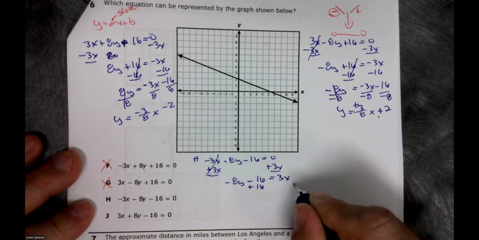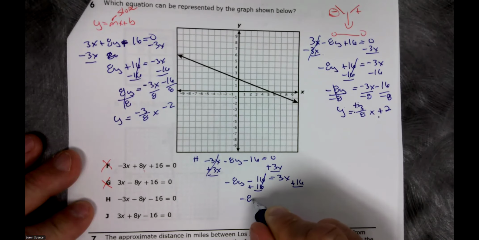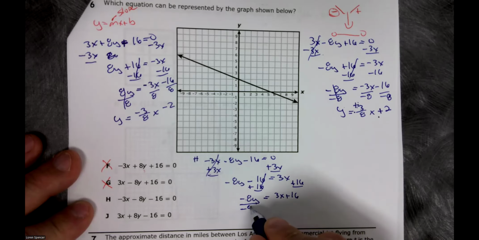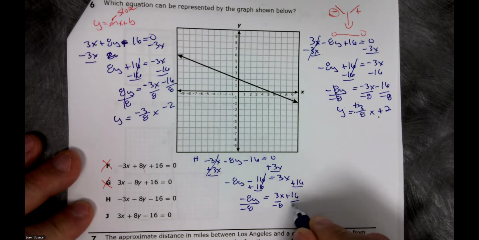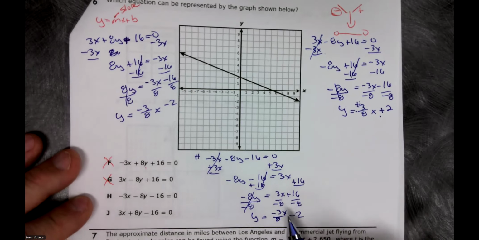I add 16, and I have negative 8y equals 3x plus 16. I divide by negative 8. And I get y equals negative 3/8 x minus 2.